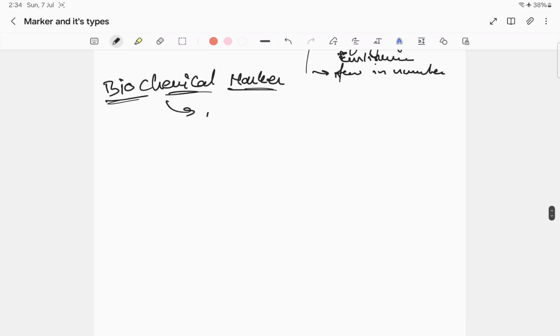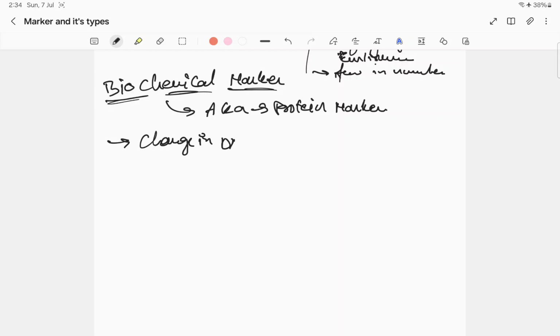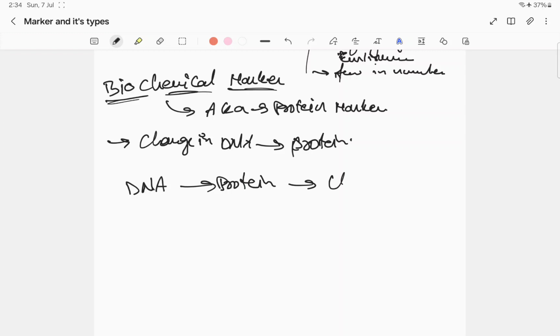This biochemical marker is also known as protein marker. If there is any change in DNA, it leads to a change in protein. That's the trait. DNA gives rise to protein, protein gives rise to character, right?